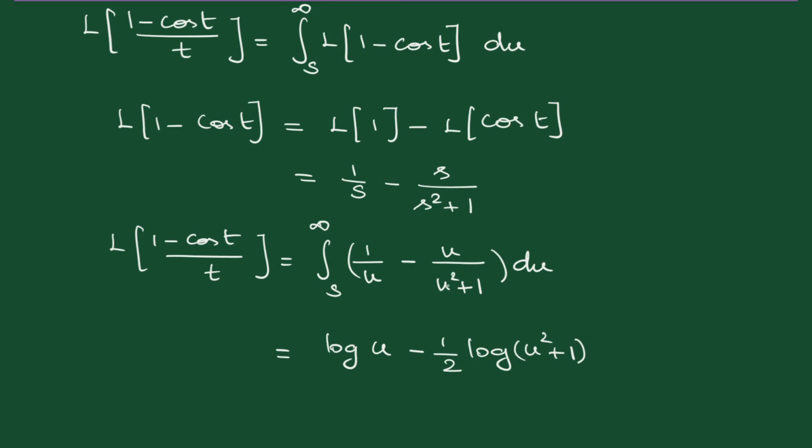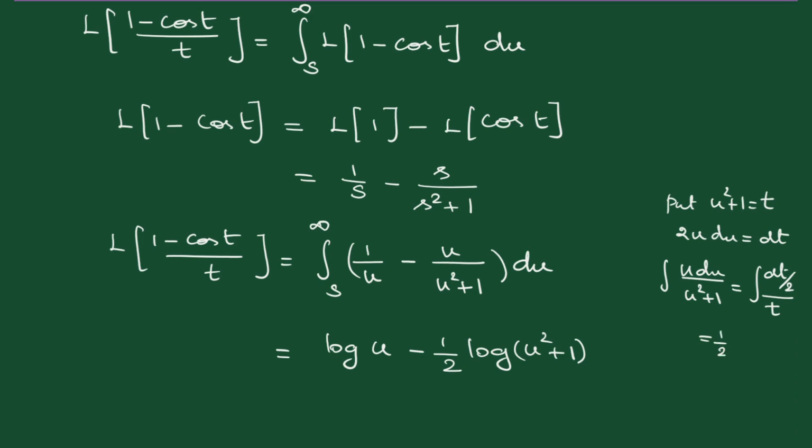Okay. So this, if you want to do it, here you can put u square plus 1 is equal to some t. So that 2u du can be replaced as dt. And integration of u du by u square plus 1 can be written as integral u du is nothing but dt by 2 divided by t.